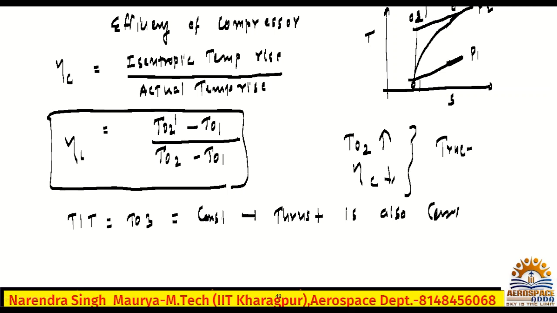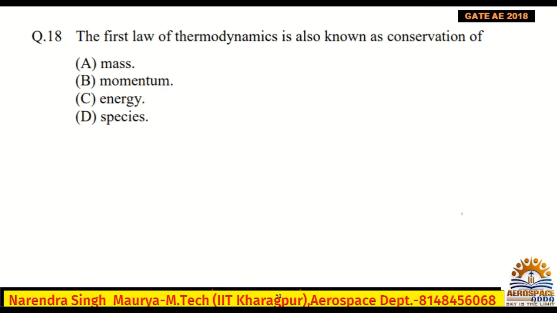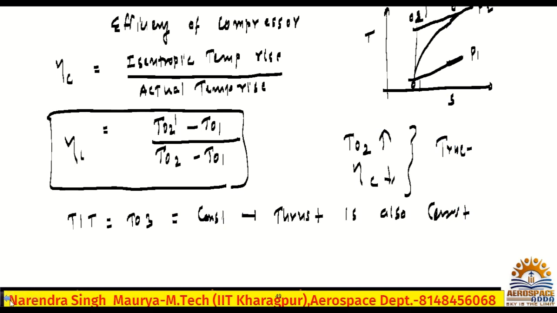Yes or no? So here only I will write what the SFC will be. SFC is nothing but m dot f divided by thrust. This is the formula. Yes or no? m dot f by T. Thrust is constant because they have clearly mentioned the TIT is constant.